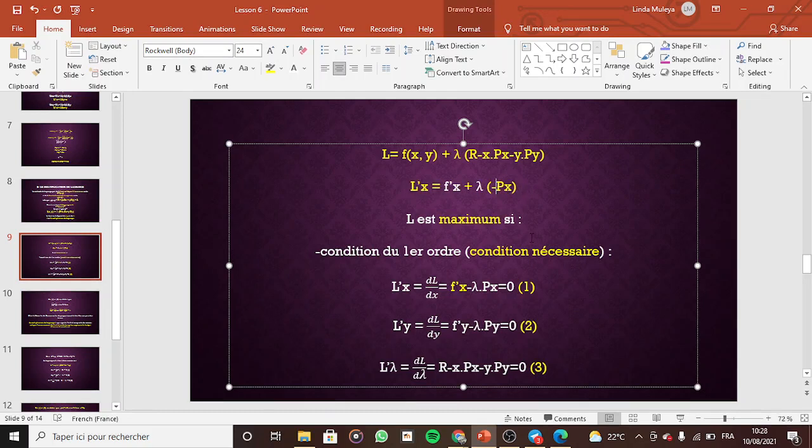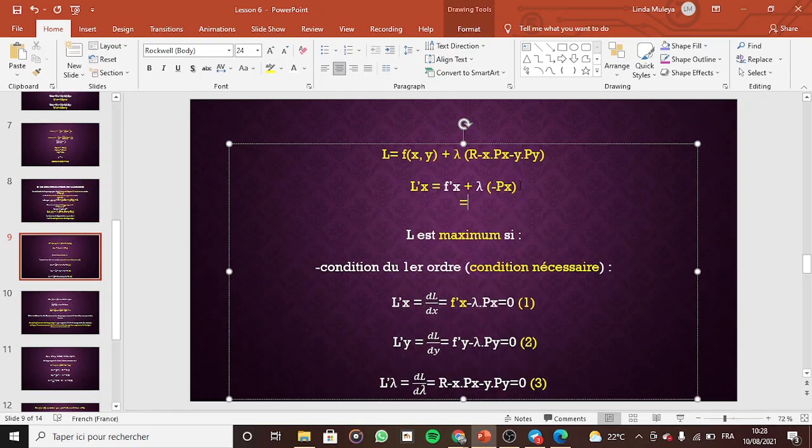That'll be our point. So what we remain with after breaking down the formula is L prime of x is equal to f prime of x plus Lagrange multiplied by negative price of x, which therefore brings us to the formula we have down here.